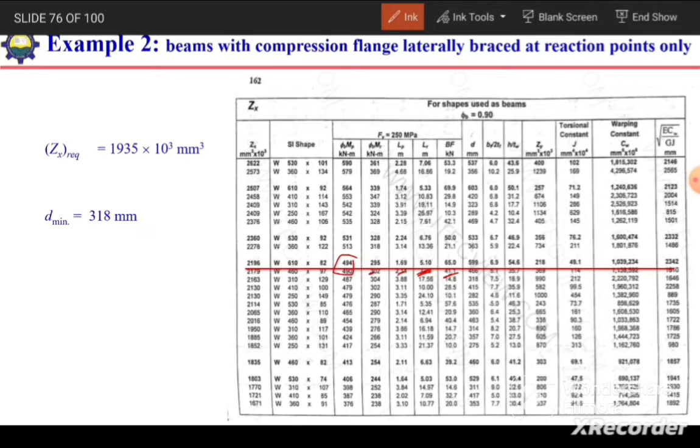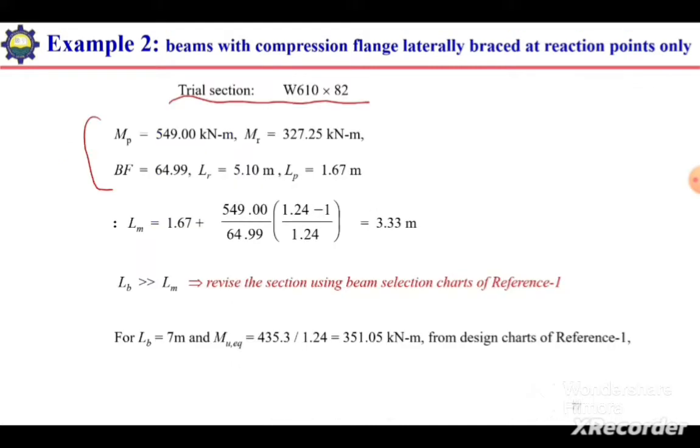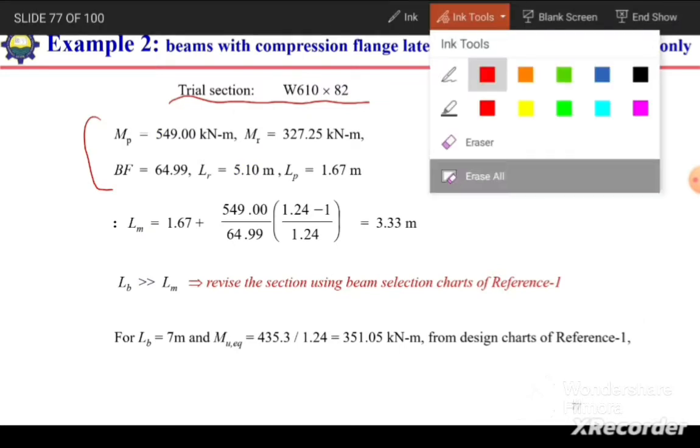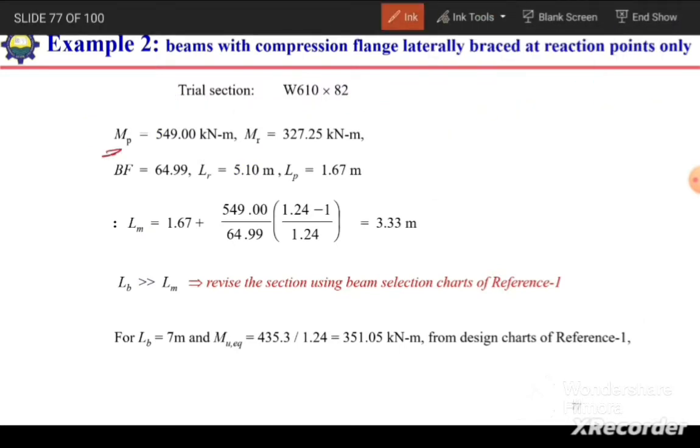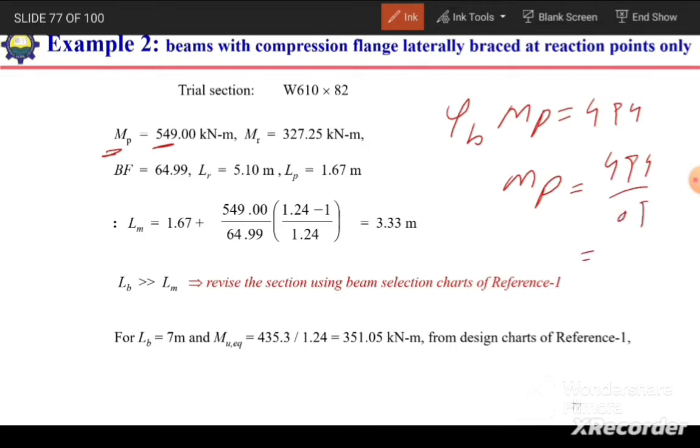So here phi B MP is 494. Actually phi B MP is equal to 494, and if I calculate MP, it will be 494 divided by phi B, which is 0.9.